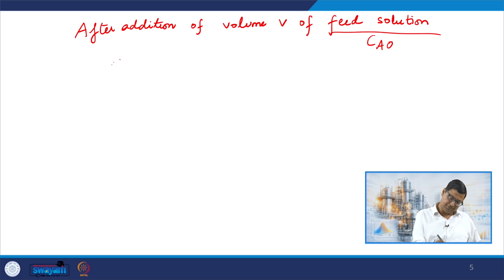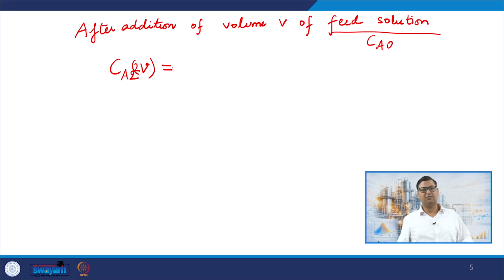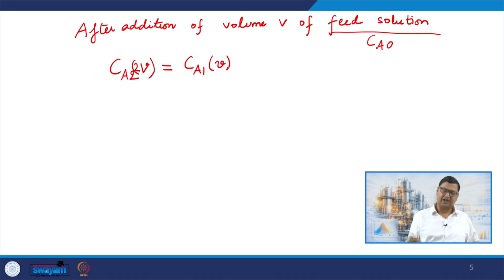For A, the concentration after addition, let me call this Ca2, into the volume, which is now 2V, gives the number of moles of A after the addition of feed volume. And that is equal to the number of moles we have in the reactor, which is Ca1 into V, and the number of moles we have added in the feed solution, which is Ca naught into V.